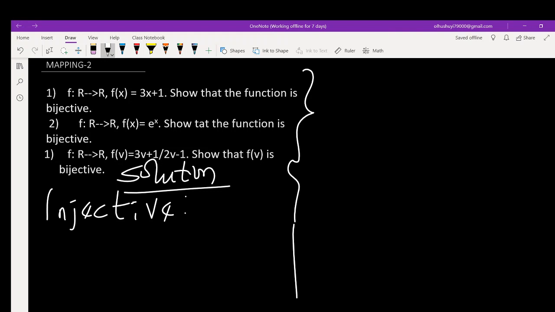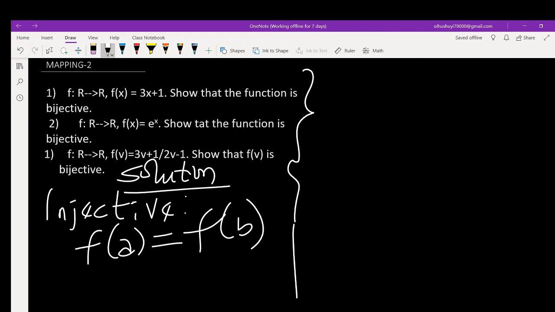We said f of a should be equal to f of b. So this implies that exponential of a should be equal to exponential of b, isn't it? Take the natural log of both sides.